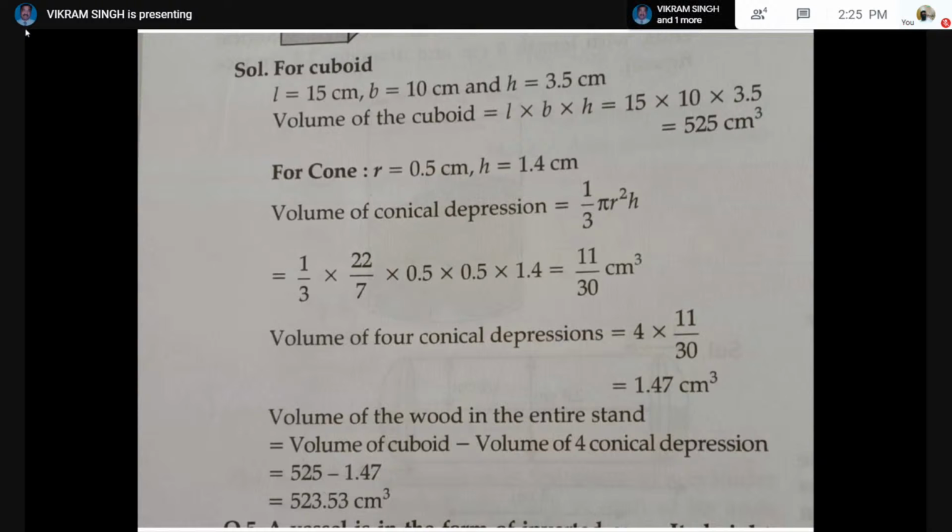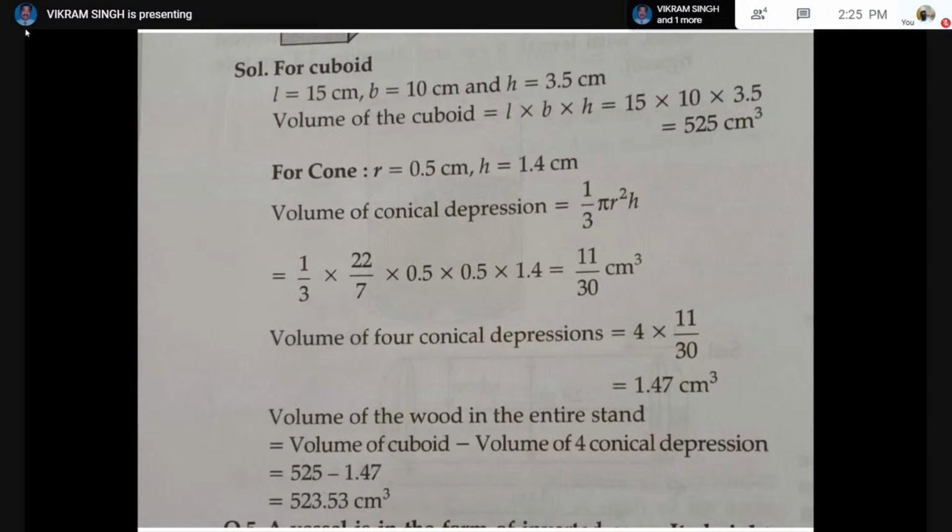Now for the conical portion, as given in the question, the radius is 0.5 centimeter and height is 1.4 centimeter. As we know, the volume of the cone is 1 by 3 pi r square h.